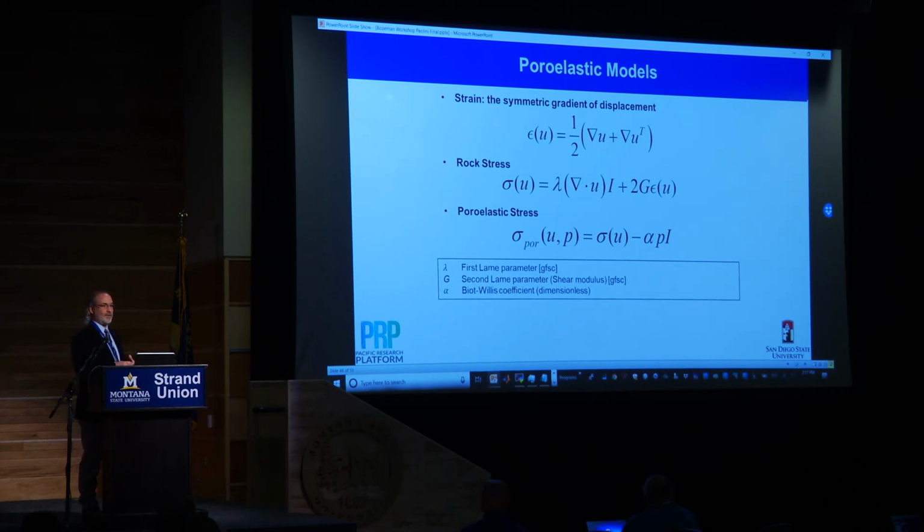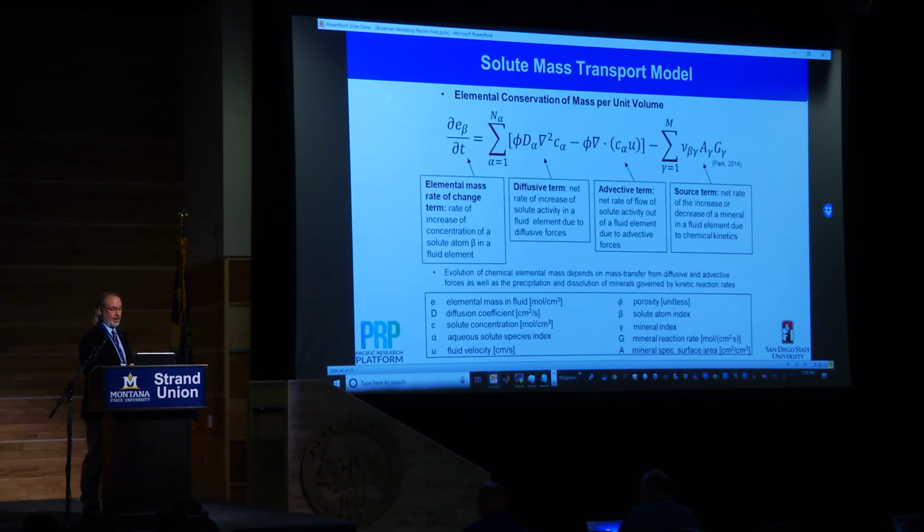So as you inject CO2 gas at high pressure, you'll have fractures in the rock, which affects the permeability and the fluid flow within the reservoir. And the most important system is this elemental mass transport model. This governs the transport of all the solutes in the water, like carbonic acid, bicarbonate, carbonate.